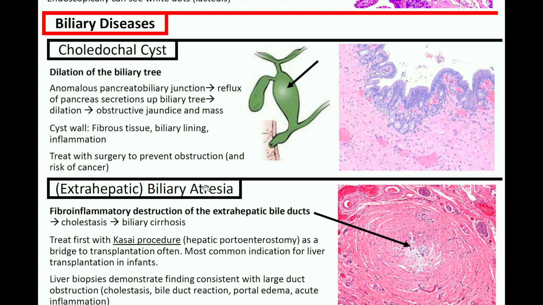So extrahepatic biliary atresia is the most common indication for liver transplantation in infants. And on liver biopsies, you'll demonstrate findings consistent with large duct obstruction, such as cholestasis, a bile duct reaction, portal edema, and acute inflammation. And that's it.